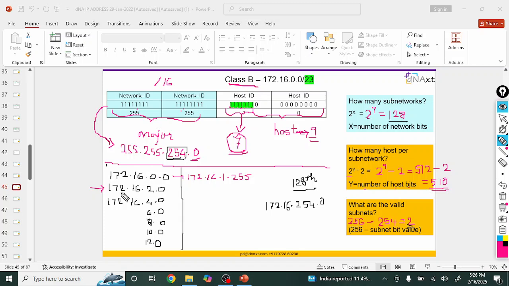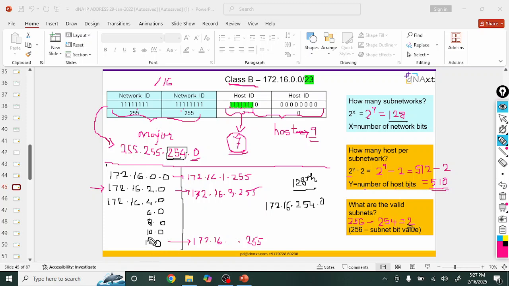Okay, now next, 172.16.2.0. Its broadcast ID is 172.16.3.255. Okay, let's write one more: 172.16, third octet blank, and the fourth octet will definitely be 255 because it's purely the host octet. Here definitely all bits will be on, so it will be 255. The value in the third octet will be one less than the next network ID.